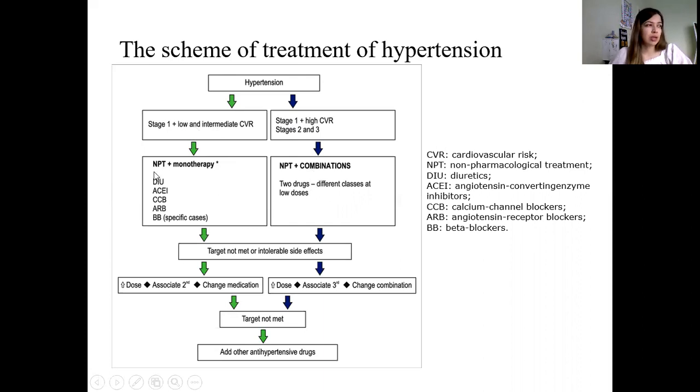It's like a good lifestyle, moderate sport, physical activity, good sleeping, reducing stress, reducing the salt in food, and so on, and also monotherapy of the drugs. Monotherapy of diuretics, angiotensin converting enzyme inhibitors, calcium channel blockers, angiotensin receptor blockers, or beta blocker, only one drug.